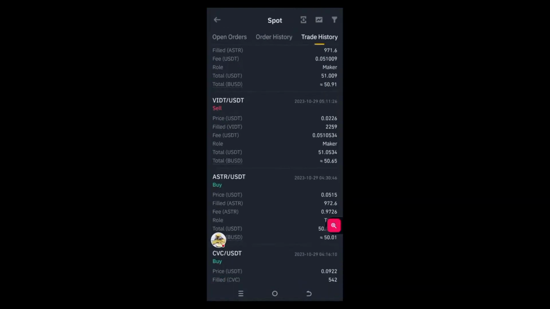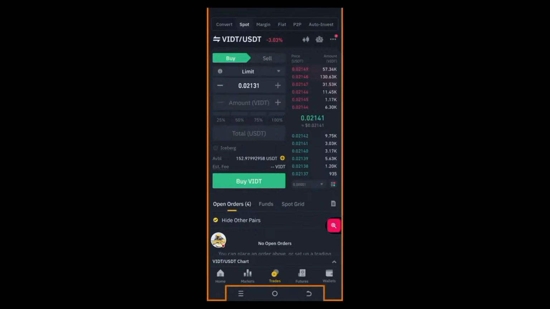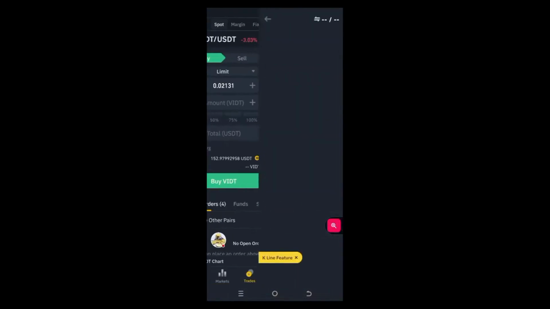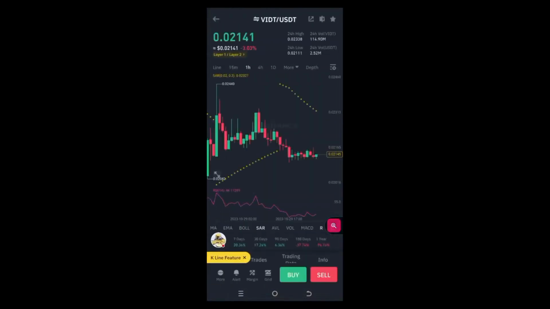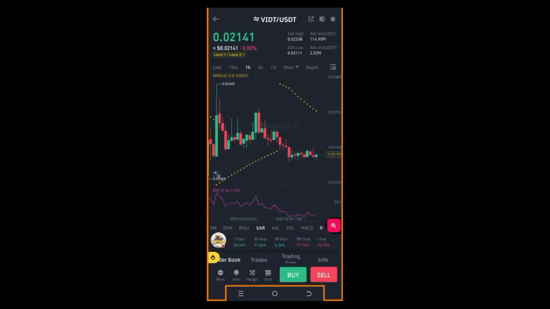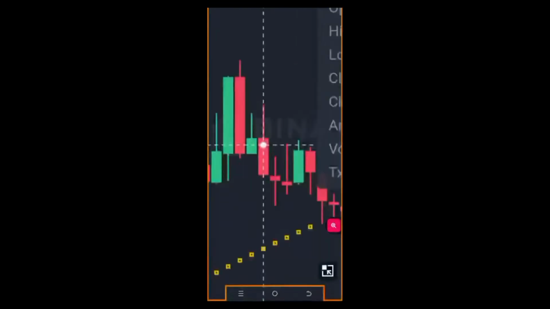So before I ship out the profit, let's look at it here again. Now look at what happened in the charts. Let's open the charts so that we can look at them very well. The area we're looking at is somewhere in this range. This is the red candle, because immediately after it got executed, it started coming down.